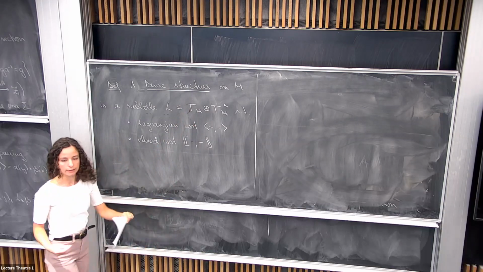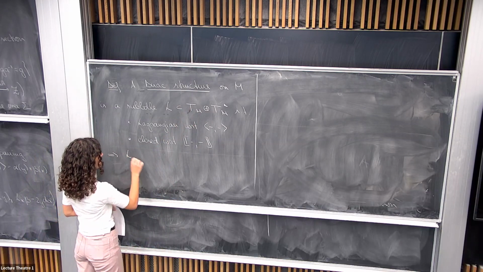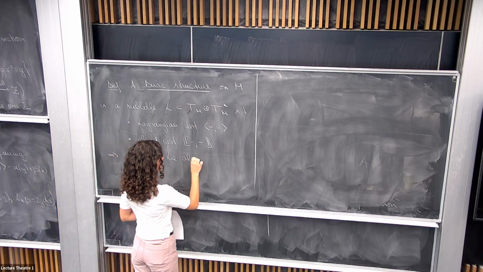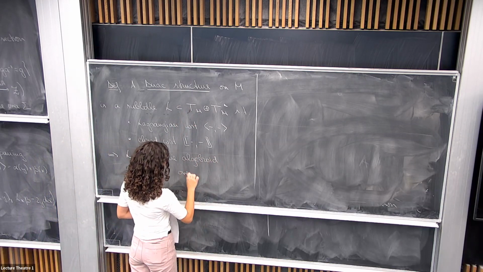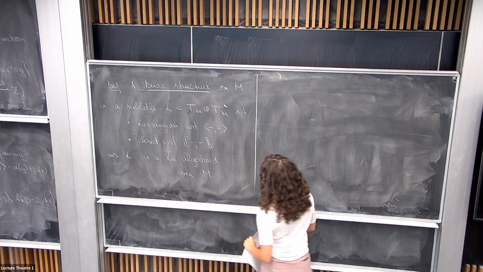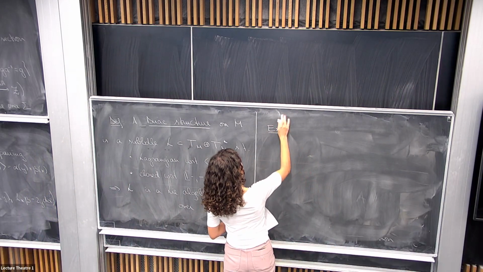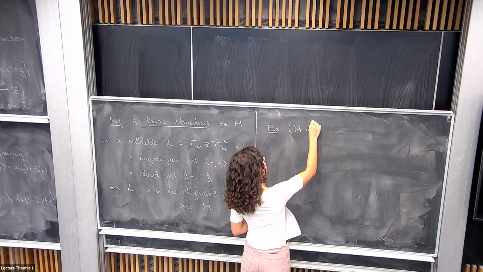And this is what's called a Lie algebroid. So this implies that L is a Lie algebroid over M.